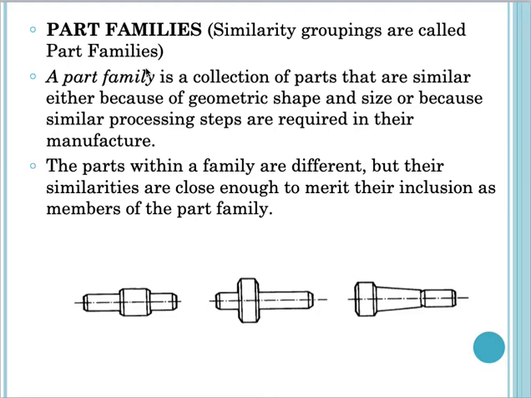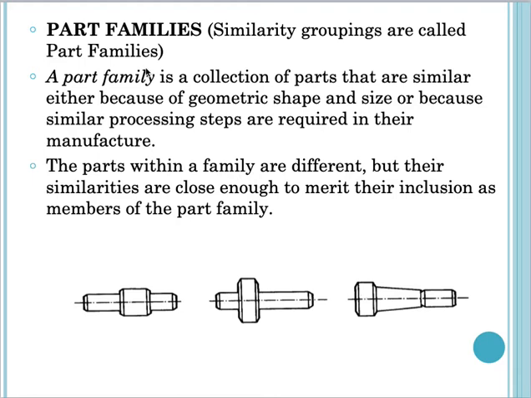In the present chapter, we develop the topic of group technology and part classification and coding. Following that, we present a discussion on computer aided process planning and several related issues.